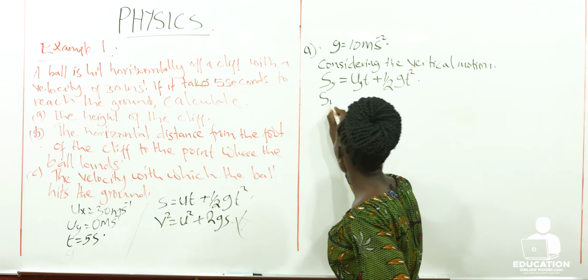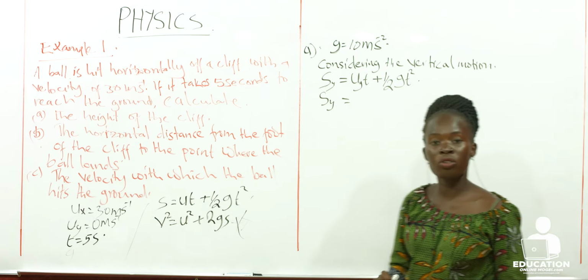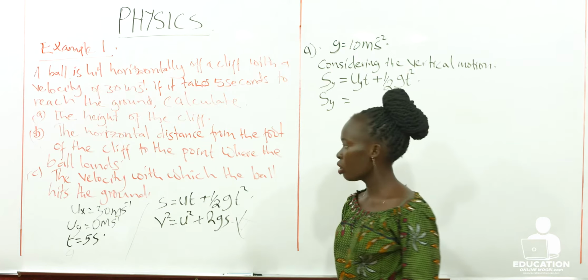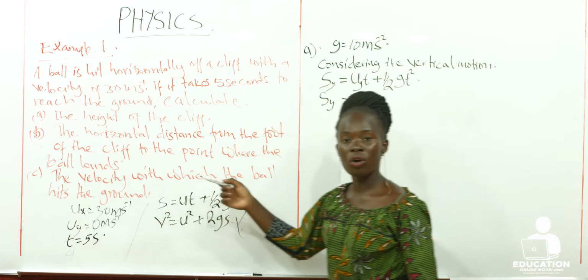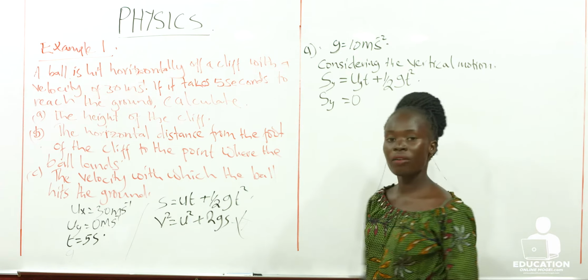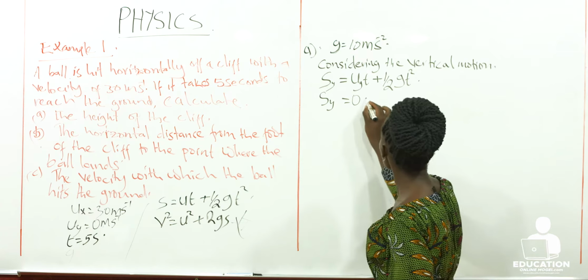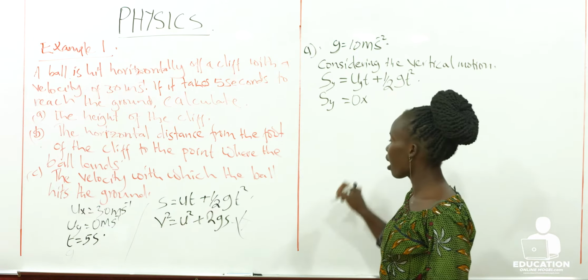So we shall leave it as our Sy equals, what is the initial velocity for the body to move in the vertical direction? We already had it there. So it is 0 meters per second. We shall substitute it right here. What is the time taken for the body to hit the ground?